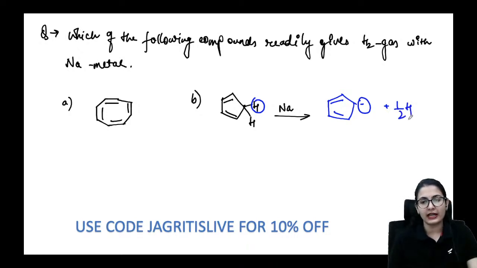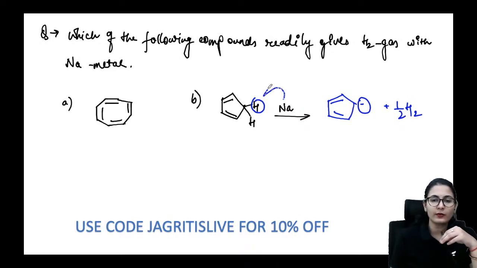Half of the hydrogen is eliminated from here. So one atom of sodium is going to provide one electron to hydrogen and the bond opens up like this. Okay. So one molecule of Cp is going to give you half a hydrogen, meaning only one hydrogen atom. Right, so two molecules of Cp are going to give you one hydrogen molecule, right?